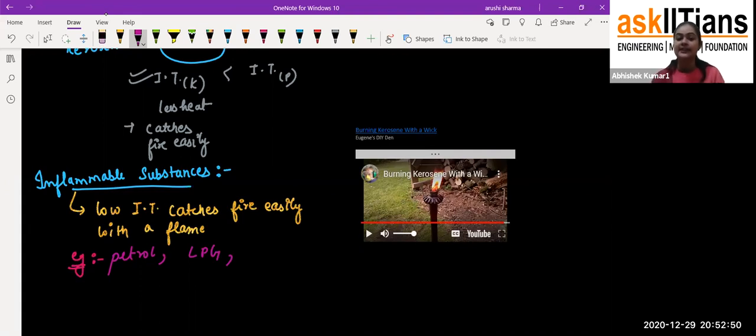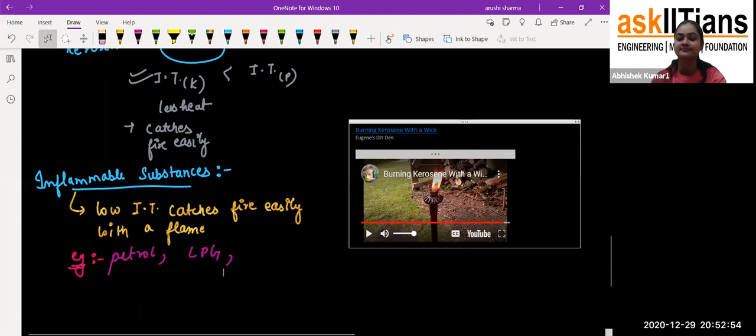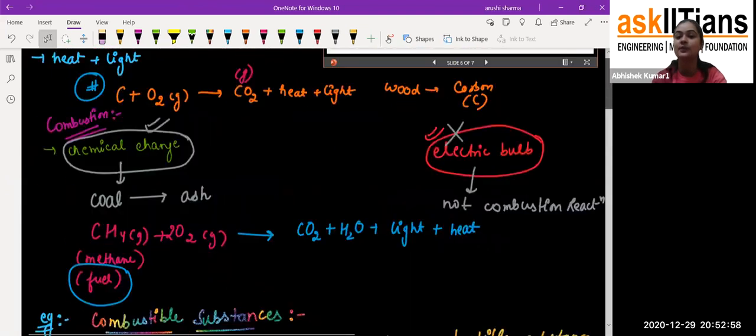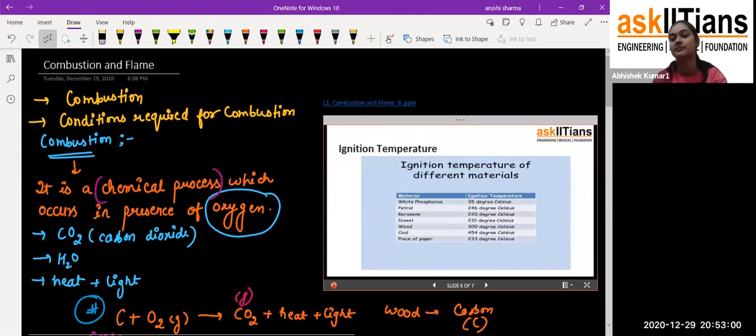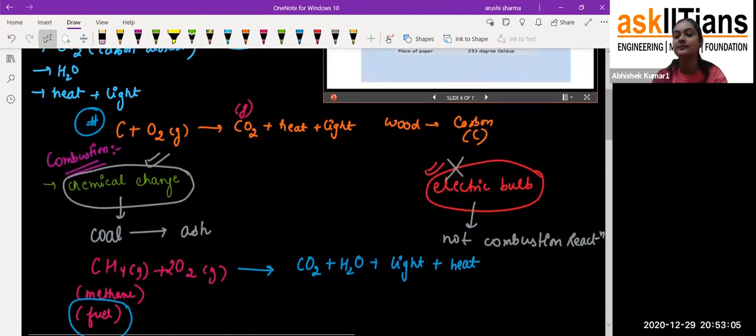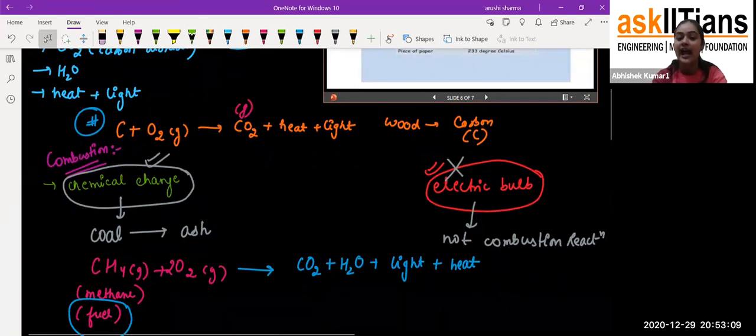Okay. Yes, students. So what have we done today? Inflammable substances, conditions required for combustion, and what is combustion. And students, don't forget that for combustion there should be a chemical change, like in the case of coal converting into ash. And this reaction, I'll just mark with some different color.